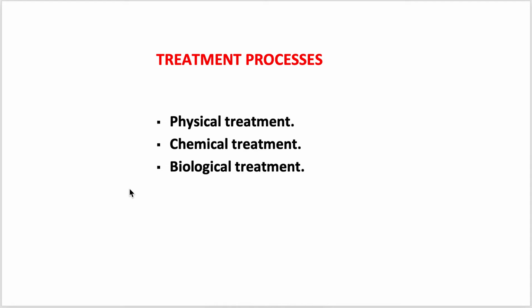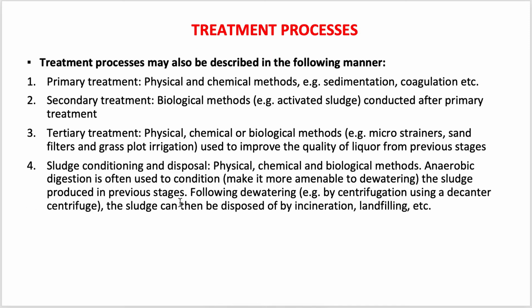That means when a complete treatment needs to be implemented, all these methods are used in different stages of the treatment program. That's why the treatment process may also be described as primary treatment, secondary treatment, tertiary treatment, and conditioning and disposal.